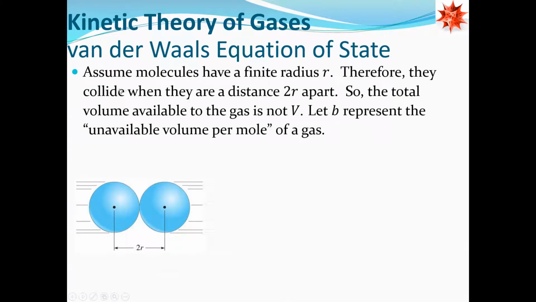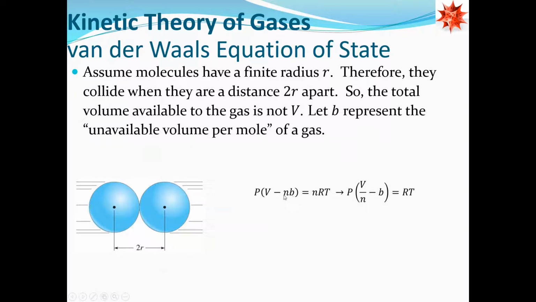All right, so as one example, we said before that assuming the molecules have a finite size, we know that the molecules must be at least a distance 2r apart. It's impossible for them to get any closer than that. So we can actually say that of the given volume, there is a certain volume that is unavailable, and we're going to represent that with a b to say that volume is not possible.